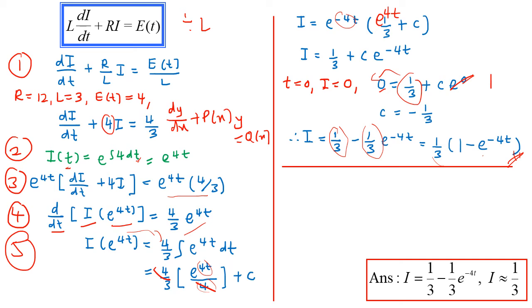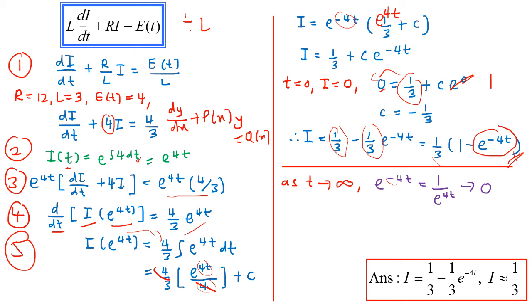Okay. Right. So the next question, they ask about what happens after a long time. If you notice, a long time means that when t approaches infinity. So what happens when t approaches infinity? Notice that inside here we have exponent negative 40. The power is negative.